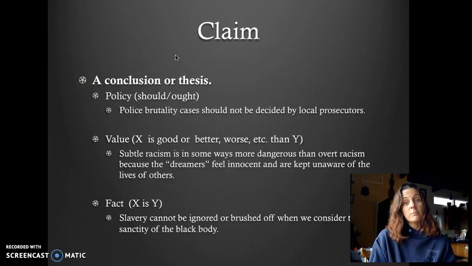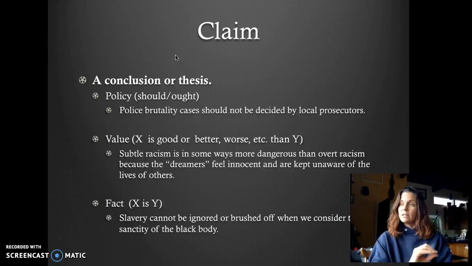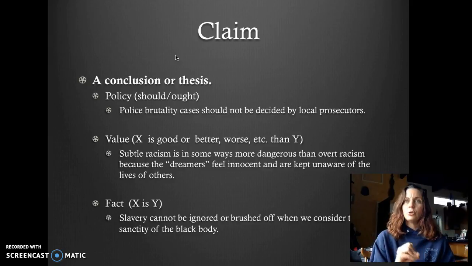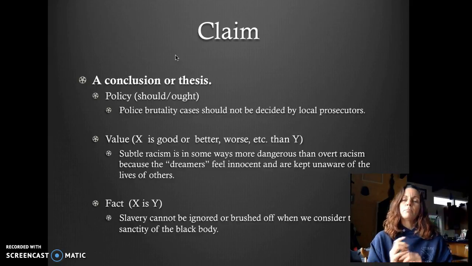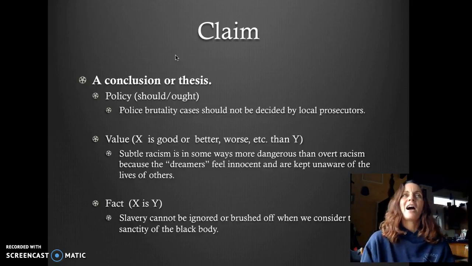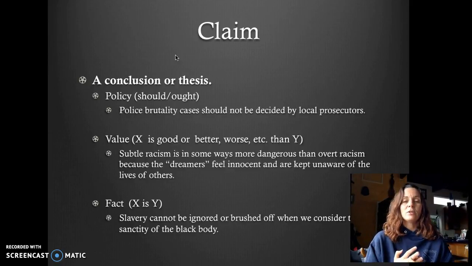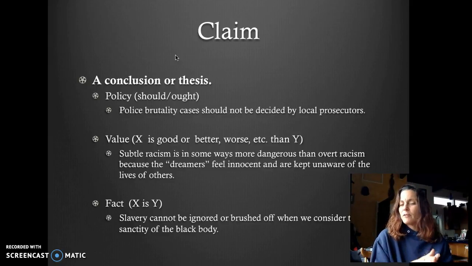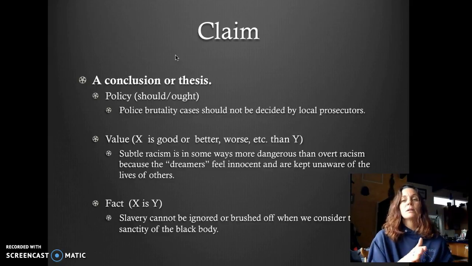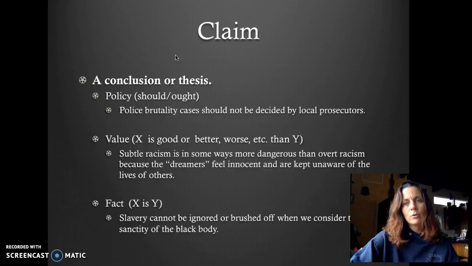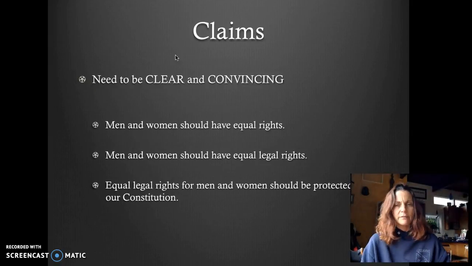And then there's a claim of fact, where something is stated so assertively that it sounds like a fact, but it actually could be argued. Politicians use that one a lot, but I think, and you might be using this as well, you might also include the value. Most of you are probably going to use a value or fact claim for this essay on Coates' idea of the dream.